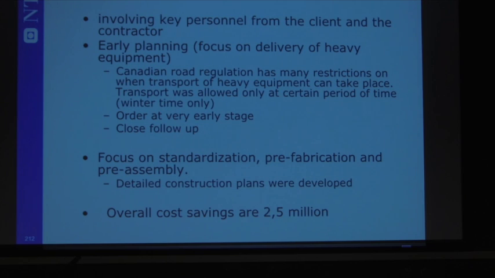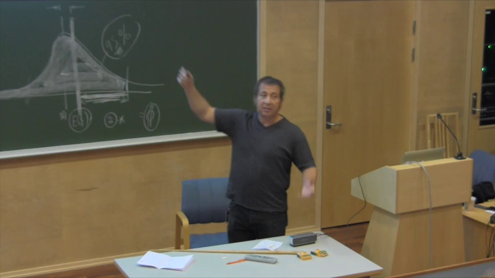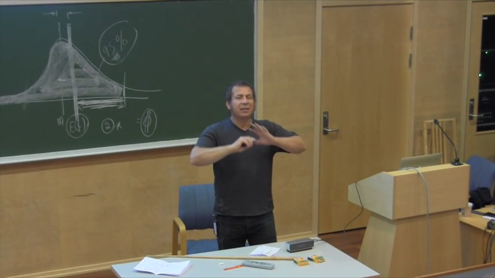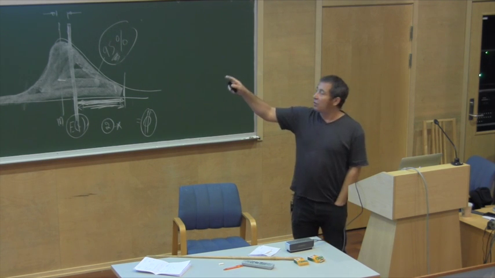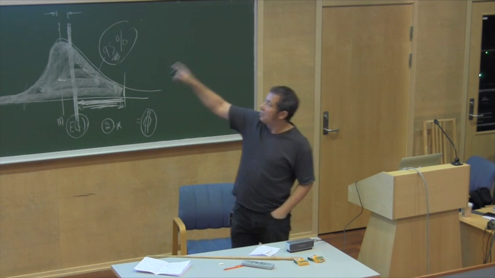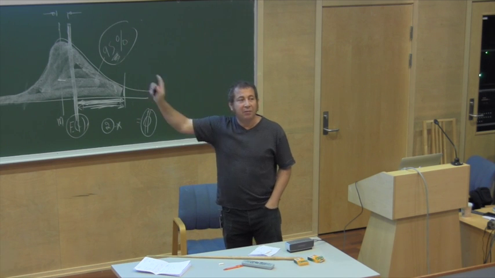So they did everything somewhere else because the temperature at this place was very, very cold, and a lot of operations they couldn't do during the winter or fall. So they did a lot of prefabrication, and to synchronize it with the transport activity, they had to make detailed planning. The overall cost savings from these measures were about $2.5 million.